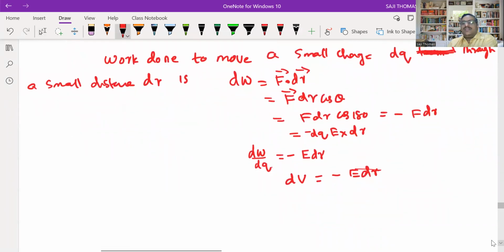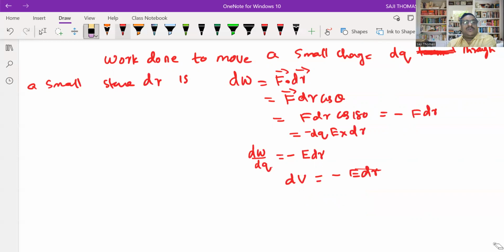So this is the potential difference. E is equal to minus dV by dr. So this is the relation between electric field and potential. Electric field and potential, what is the relation, children?